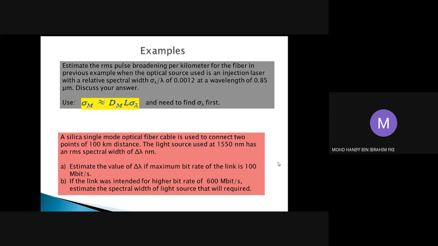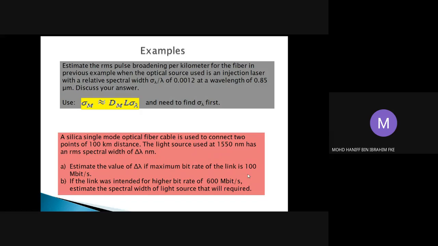Why? Because we have a single mode optical fiber. We have learned that in a single mode optical fiber there should be no intermodal dispersion, because intermodal dispersion only exists in multi-mode optical fiber. So in a single mode fiber, the dispersion you get is material dispersion.